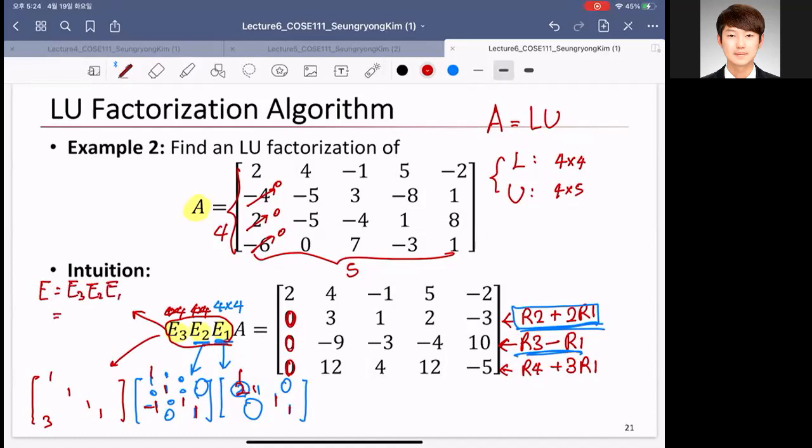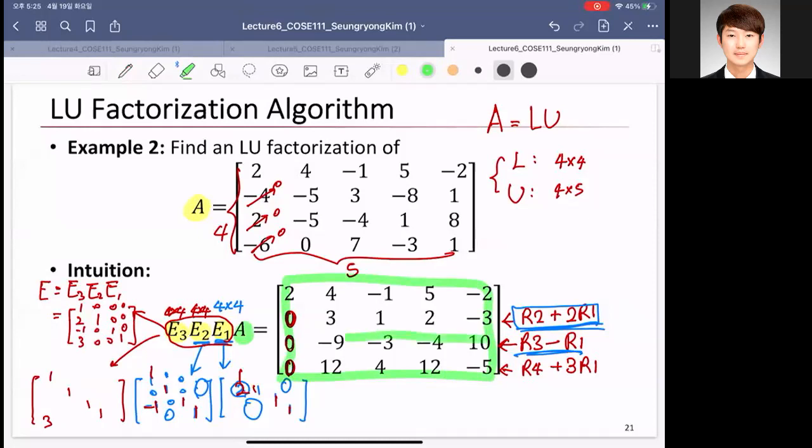Then matrix E is going to be 1, 1, 1, 1 on the diagonal, and 2, -1, 3, 0, 0, 0, 0, 0, 0, 0, 0, 0, right? This is E, to row reduce matrix A to this matrix, right? Then what next? We have to row reduce some matrix here, right?